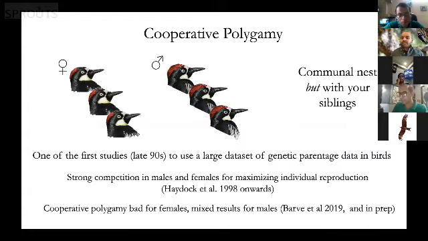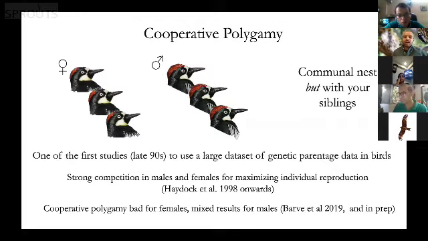So another thing that is important to remember is that even if you're competing with your brother to have chicks in the communal nest, your brother having some offspring gives you fitness as well, right? Because your nieces and nephews share 25% of your DNA.